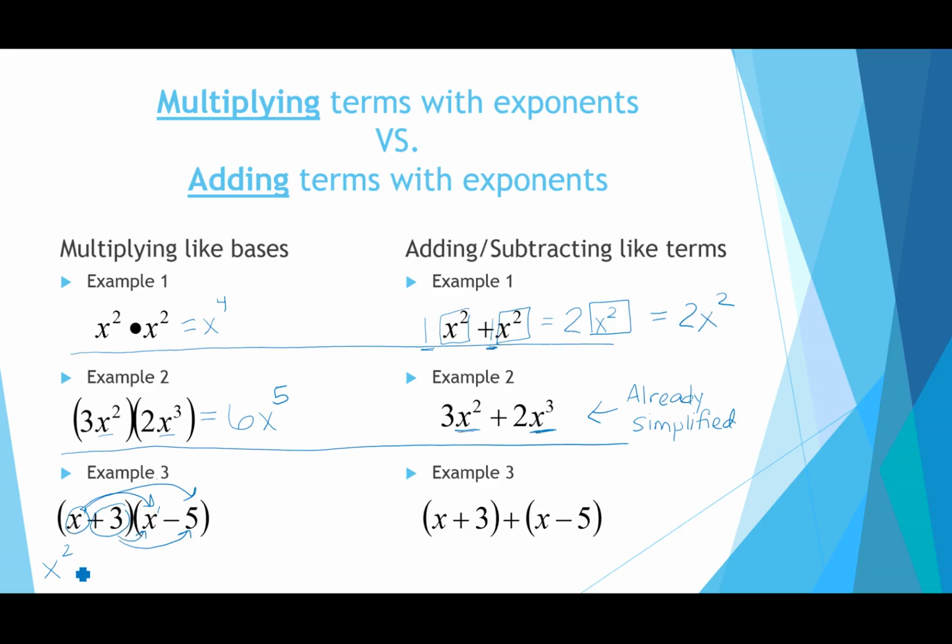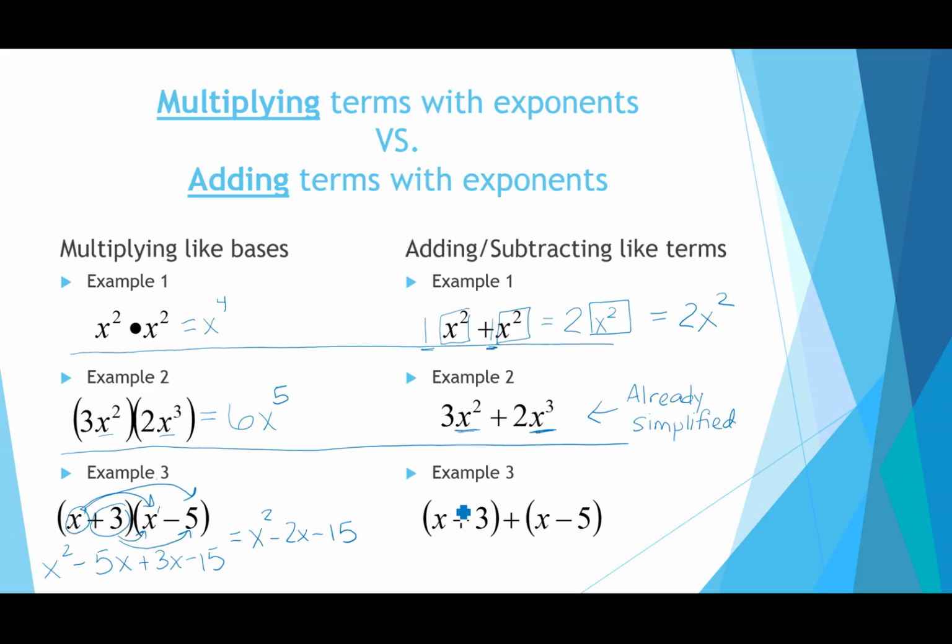X times negative 5 is negative 5x. 3 times x is 3x. And 3 times negative 5 is negative 15. So when we multiply x plus 3 times x minus 5, we get x squared minus 2x minus 15. I've combined my like terms here in the middle.